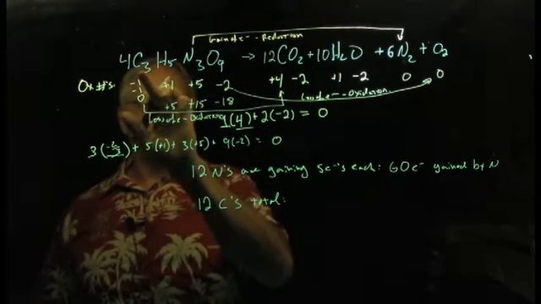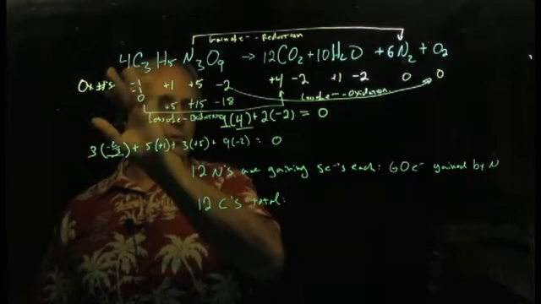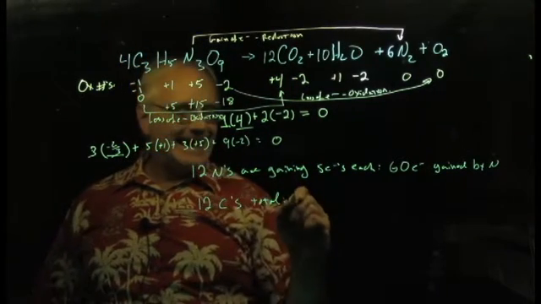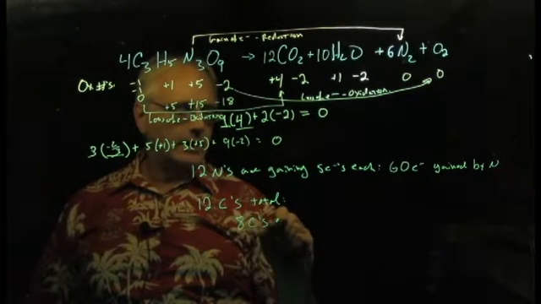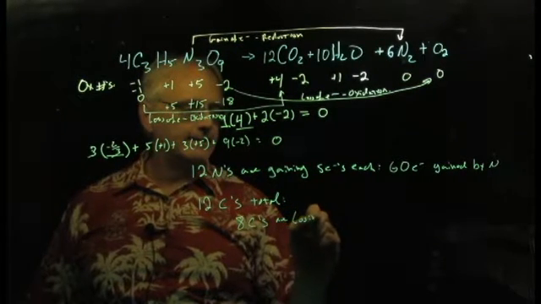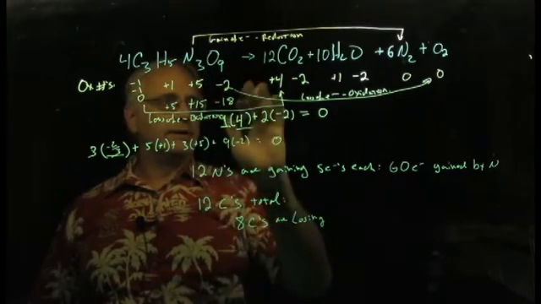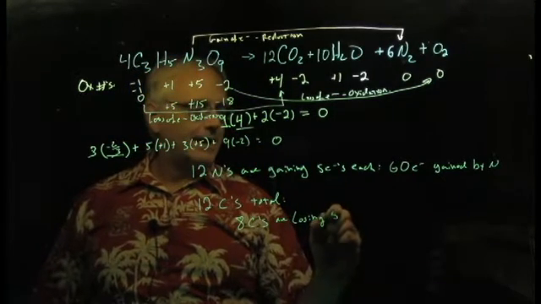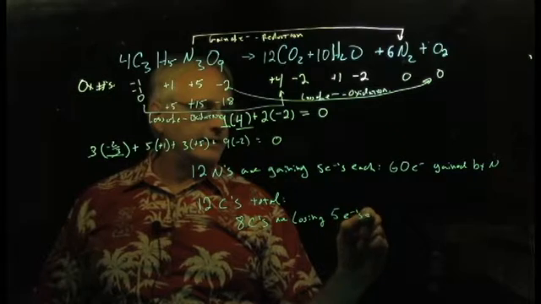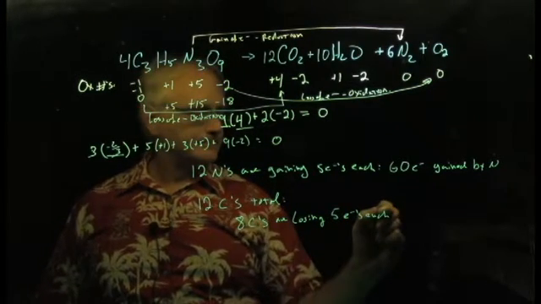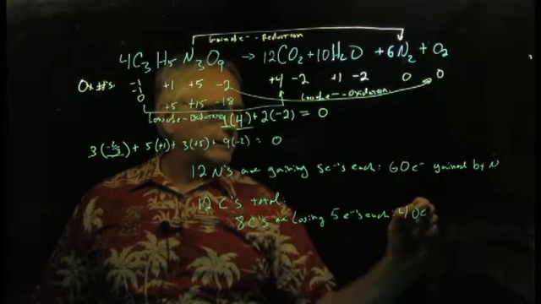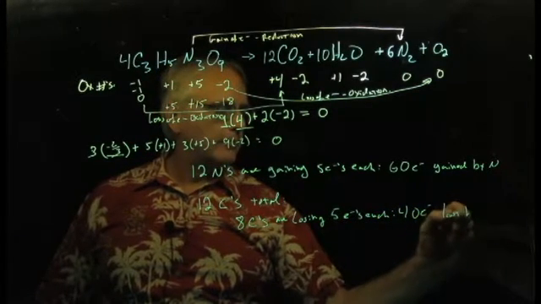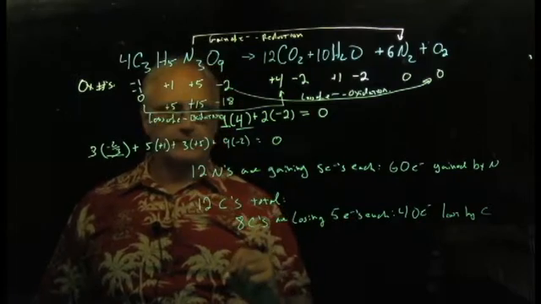So if 2 out of the 3 per molecule, 4 molecules total, 8 carbons are losing, -1 to +4, 5 electrons each. And that means 40 electrons lost by those carbons.